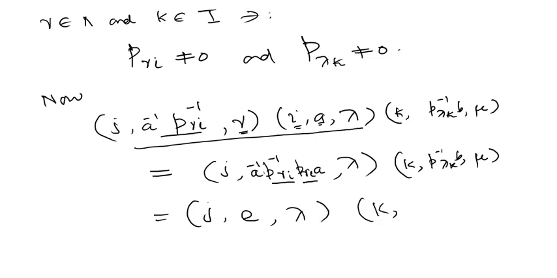Then we have K P inverse lambda K B mu. Now let's see the product of these two elements. This is equal to J and the last element, that's mu here.